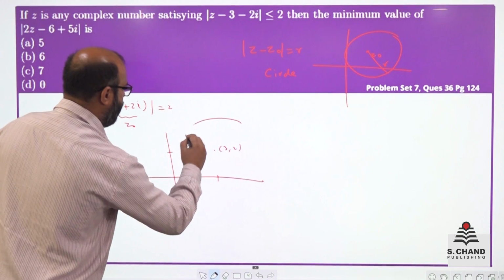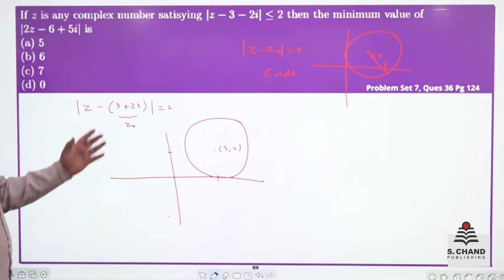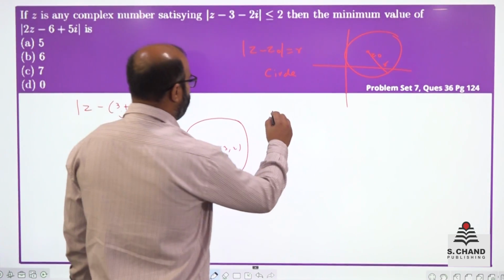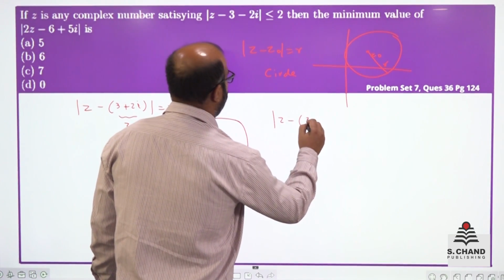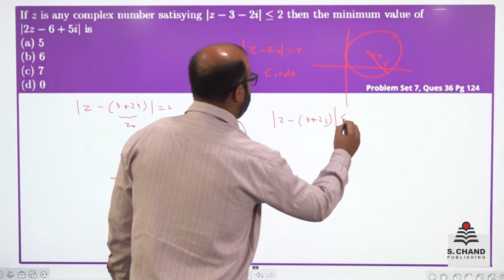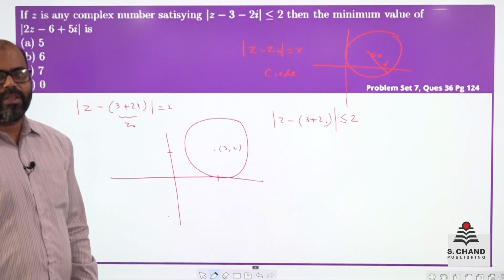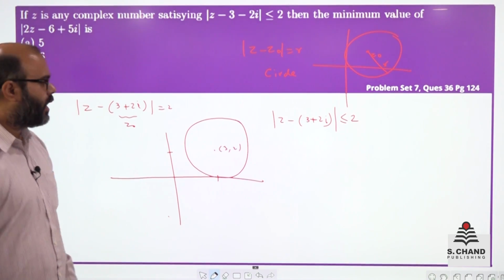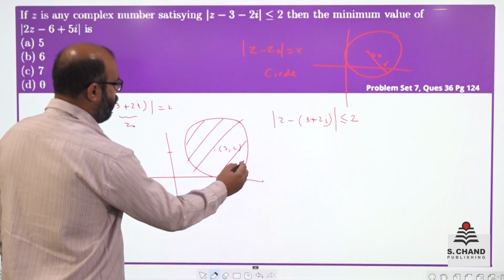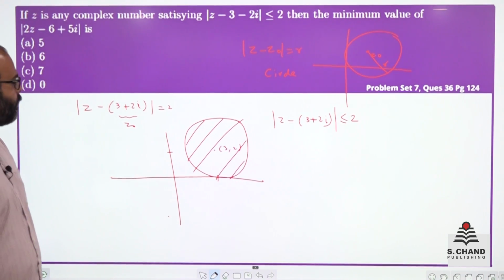So it is touching the x-axis at this point. So this is the equation of the circle. Now if we change it into less than or equal to 2, what will happen? Then instead of just the circumference, you will also get the points inside the circle. So points inside the circle will also be obtained, and the circumference is already there because equality is there.